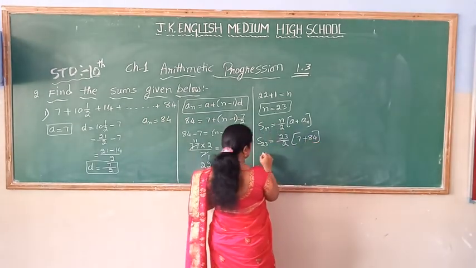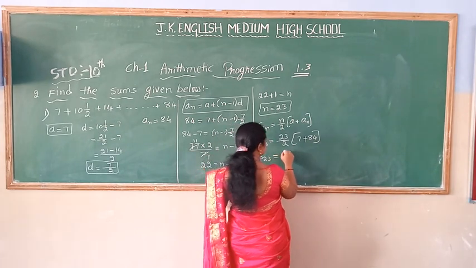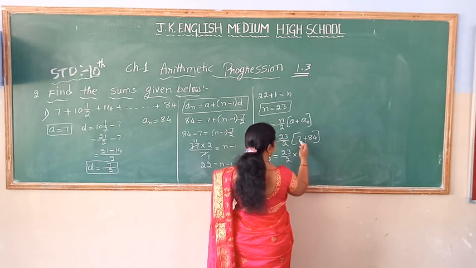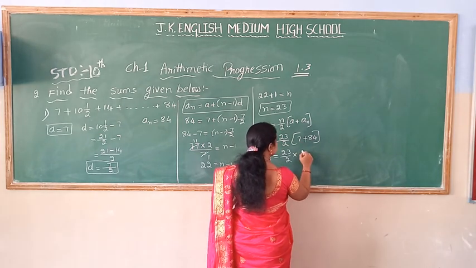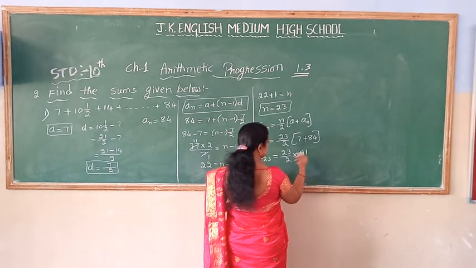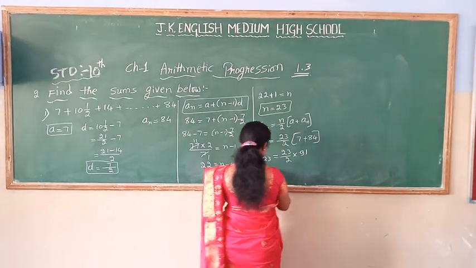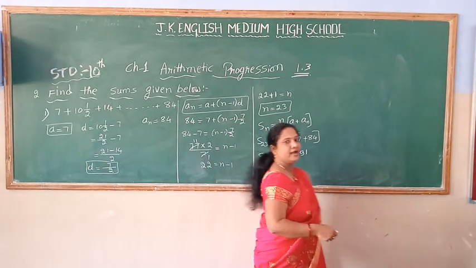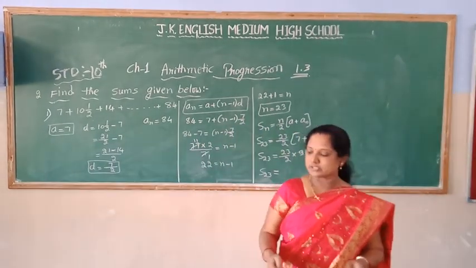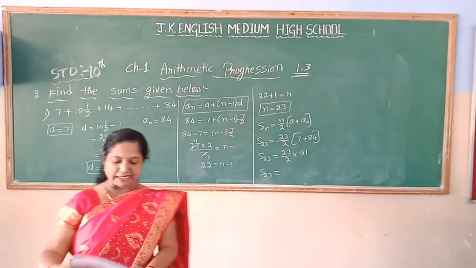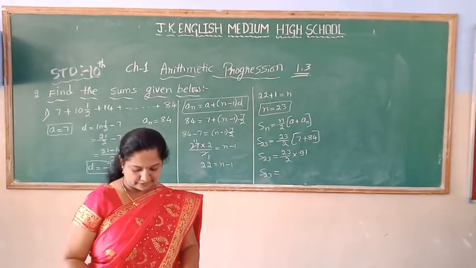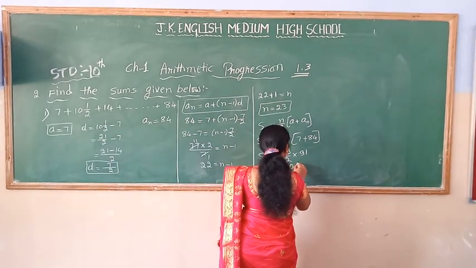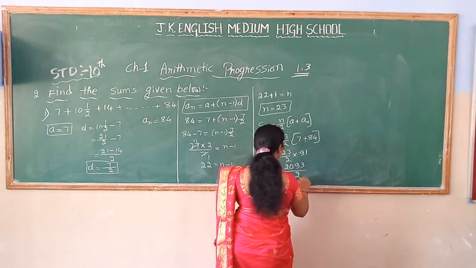Now simplify. 23 by 2 into 7 plus 84, which is how much? 91. Then you multiply and find the answer. Check the multiplication and division. You are going to get 2093, divided by 2. This simplifies once again, and you are going to get 1046 and 1 by 2.